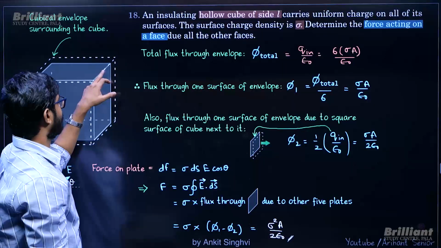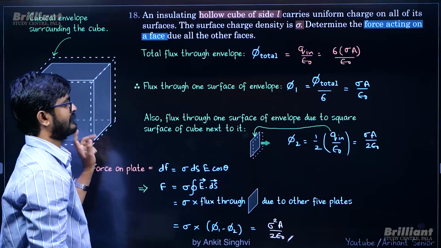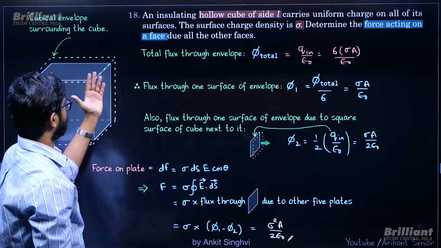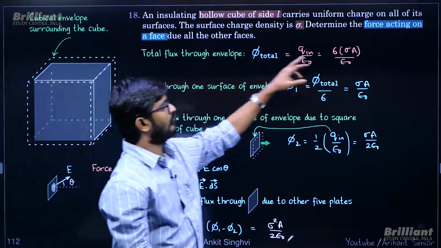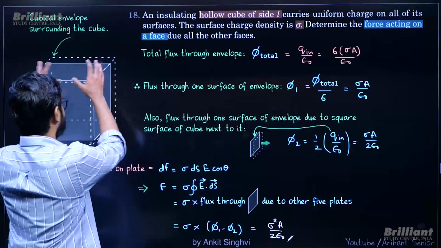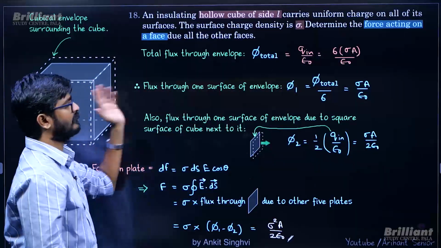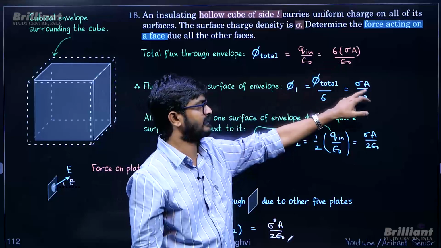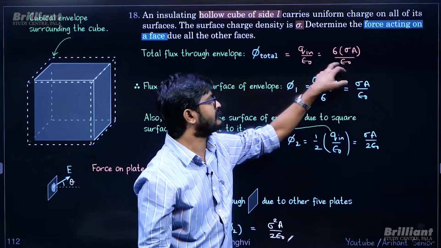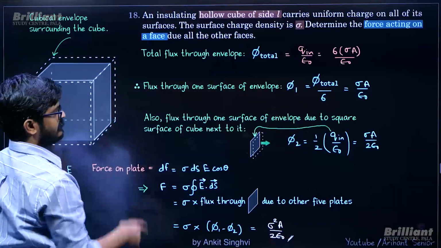Now if I take just one face, total flux through this 6 faces is q by epsilon naught, but through this face alone it is going to be 1 by 6th of that. This is the total flux through this dotted Gaussian surface.